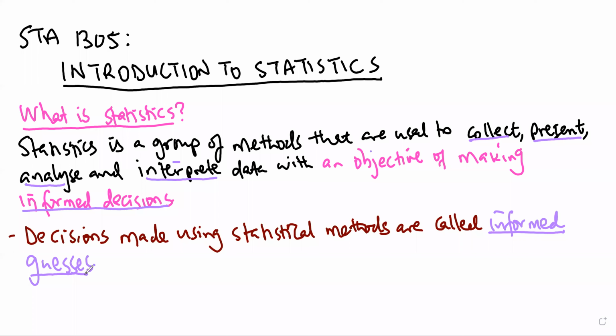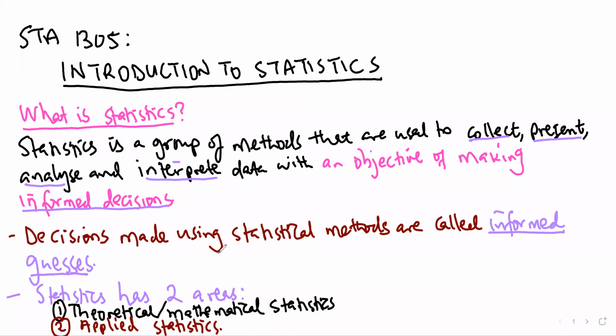So we can say that statistics is broadly classified into two areas. One is what we call theoretical or mathematical statistics, and the other area is what we call applied statistics.